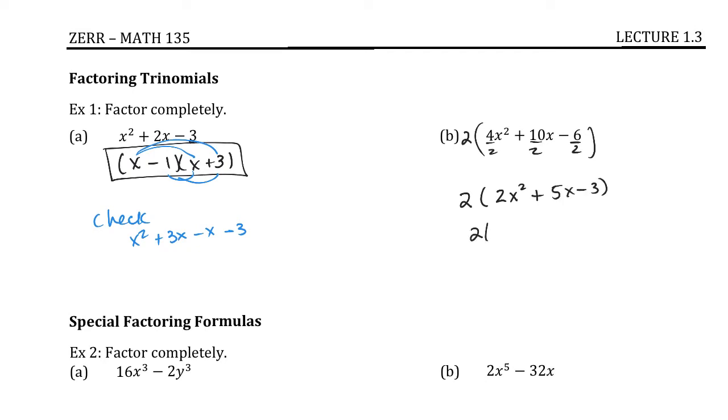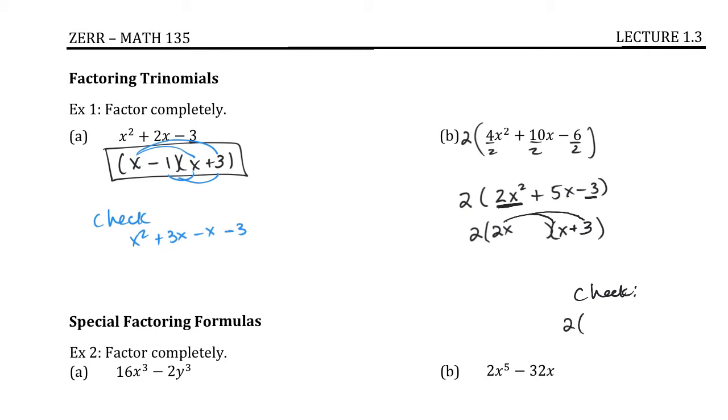And now I just need to figure out what binomial works. So let's see, we need 2x and x. Those are the factors that multiply to the first one. We need the factors that multiply to the second one. Well, if I did 2x times x, that's 2x squared, and then 2x times a 3, that would be positive 6x. I'm just kind of in my head double checking.